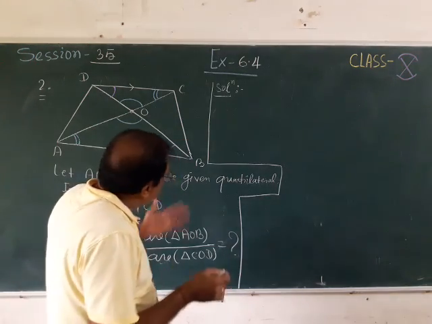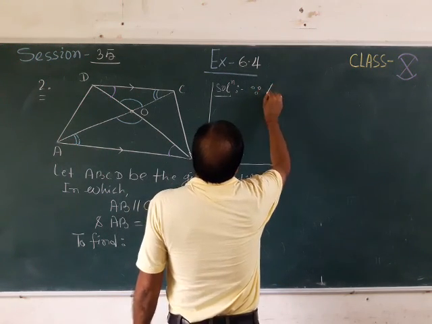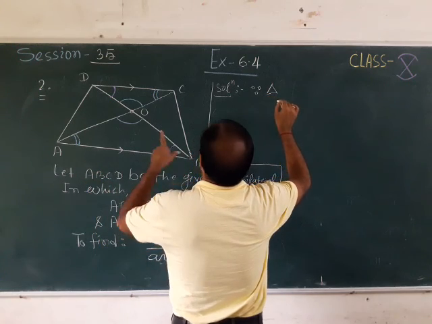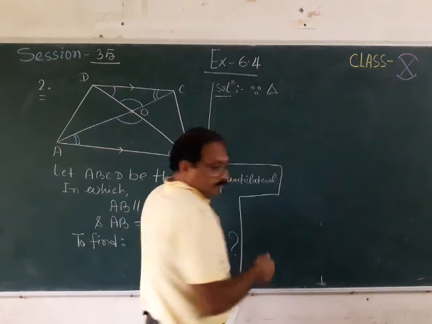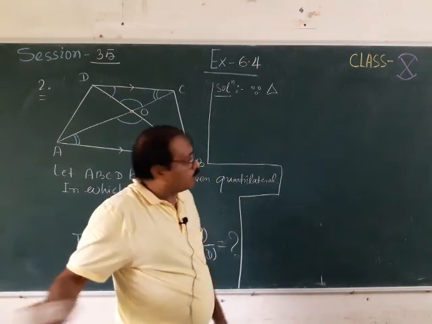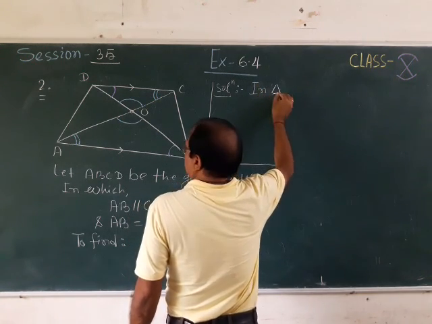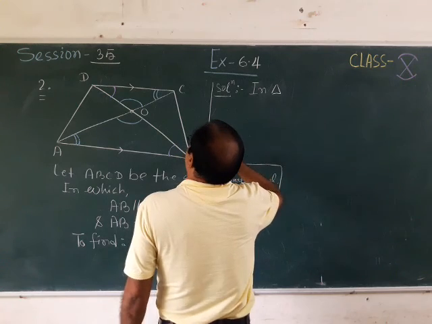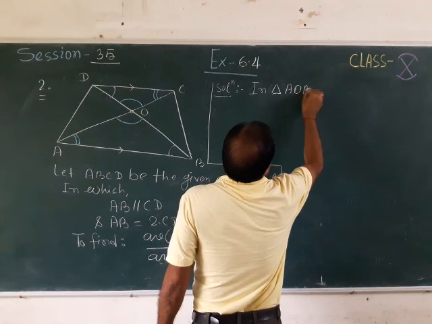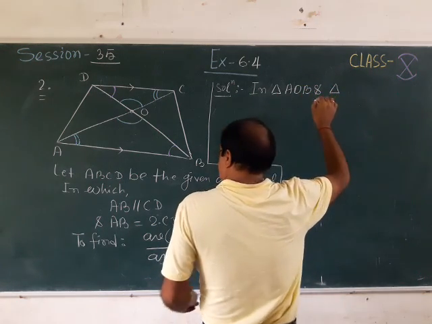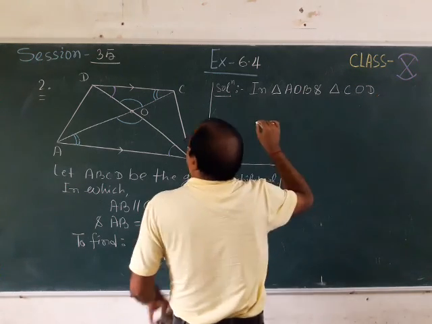Now in the solution part, if I start the question, first of all I will write: in triangle AOB and triangle COD, what are you looking at there?